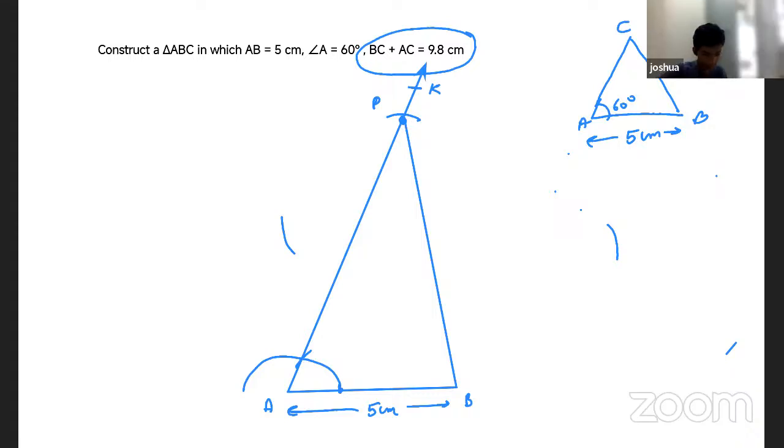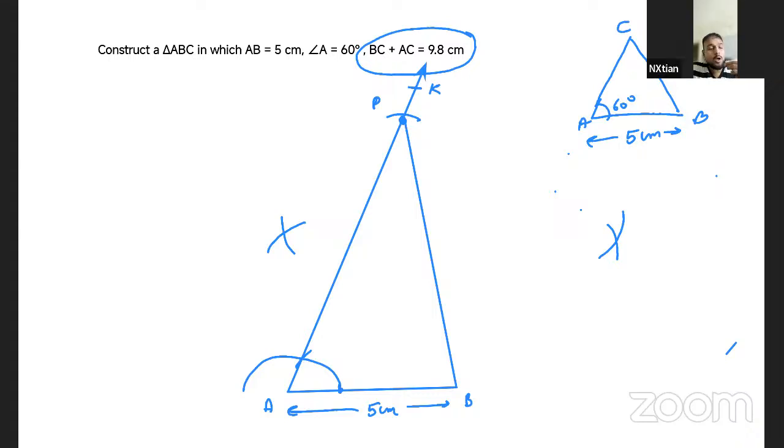Now, without disturbing the compass, put the arc here and here. Joshua, understood? No. Sir, I didn't get how you did that one. We are supposed to make the arcs from the points P and B, right? Yeah, B and P, correct. The second one, from B to the arc where we made P, is not connecting. Should I curve it until it connects?